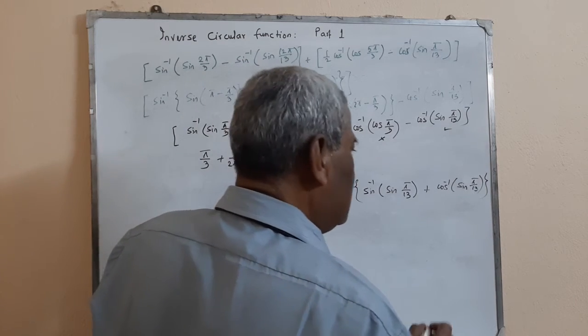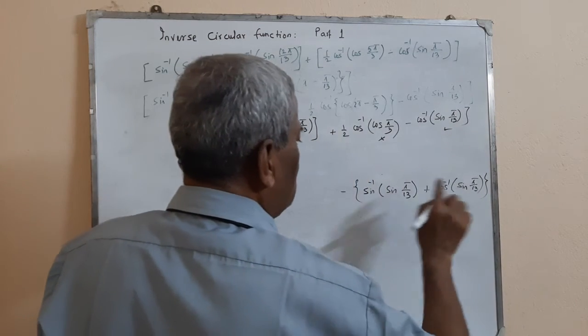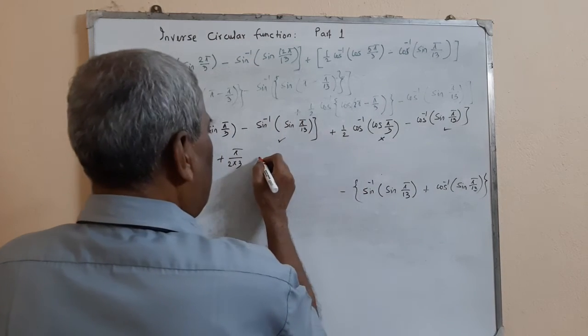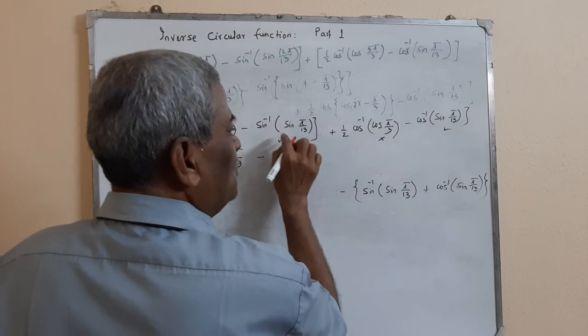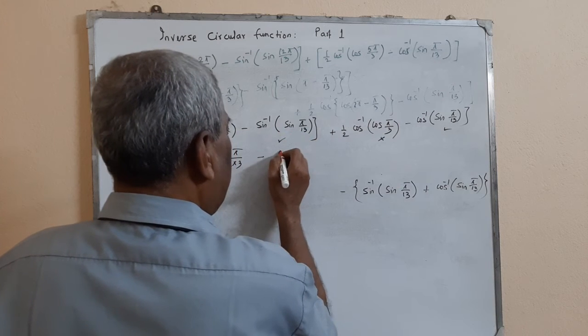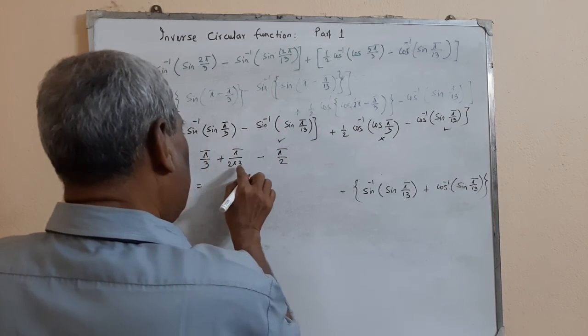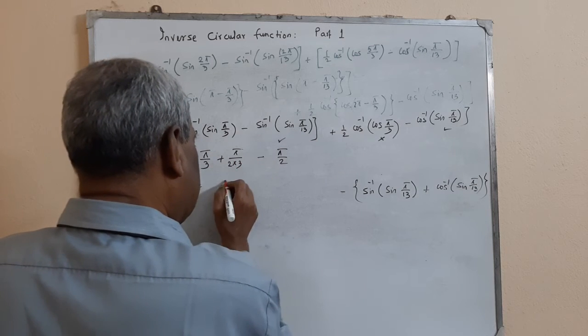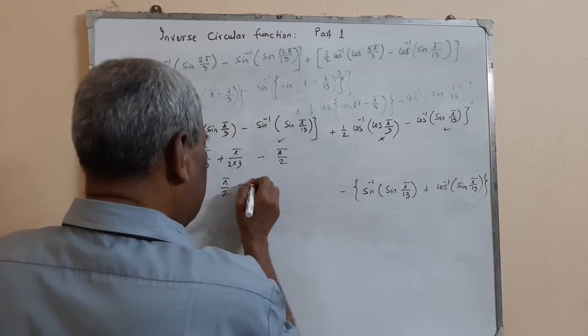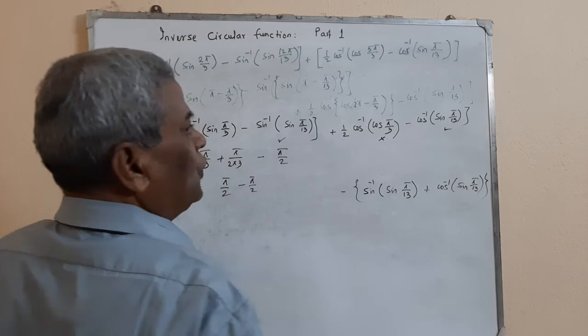Both are within their range, so it is equal to pi by 2. So minus with this and that, it is pi by 2. So it is equal to pi by 3 plus pi by 6, that is pi by 2 minus pi by 2, so it is 0.